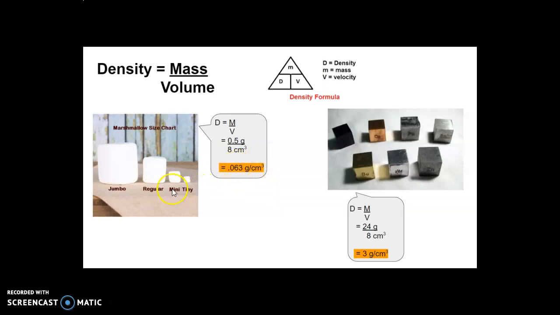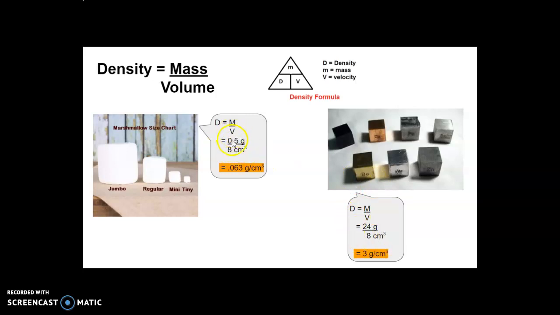Okay, so for every little cubic centimeter, which is maybe the size of the end of your pinky, there's only 0.063 grams of matter in there. Compare that to an equal sized chunk of metal, and one of these has a mass of 24 grams, okay, but it has the same volume.